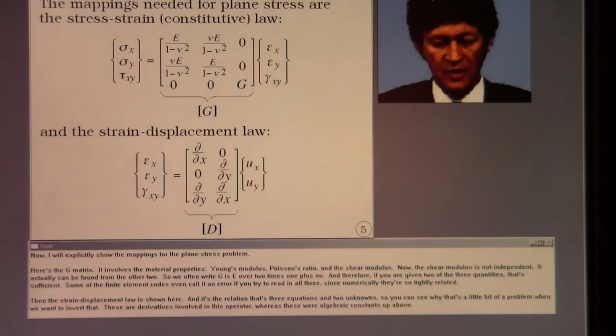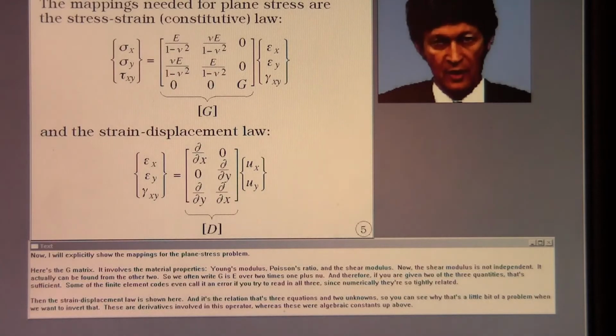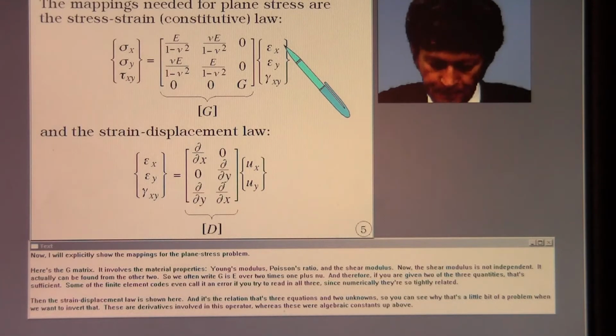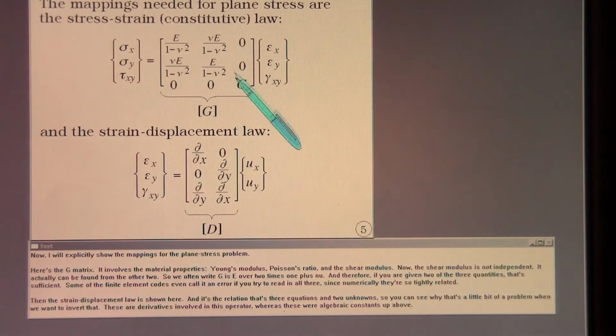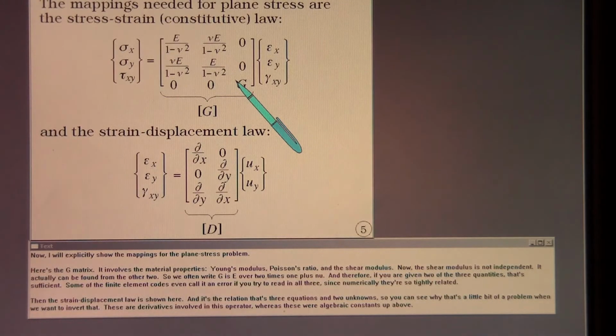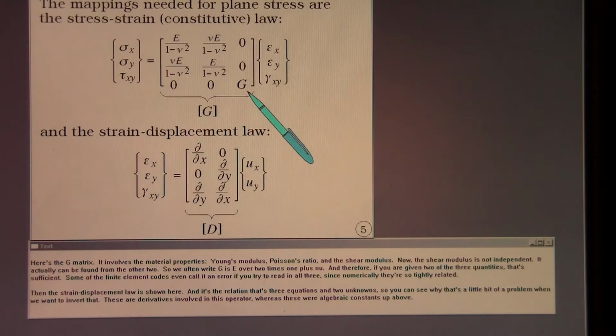Now I will explicitly show the mappings for the plane stress problem. Here's the G matrix. It involves the material properties, Young's modulus, Poisson's ratio, and the shear modulus. Now the shear modulus is not independent. It actually can be found from the other 2.